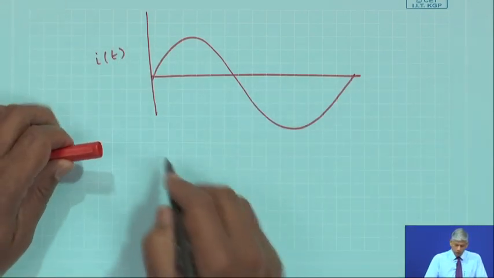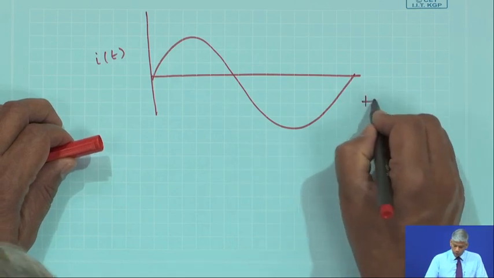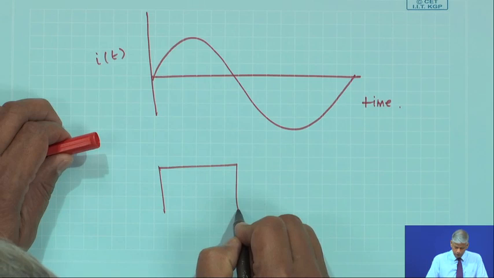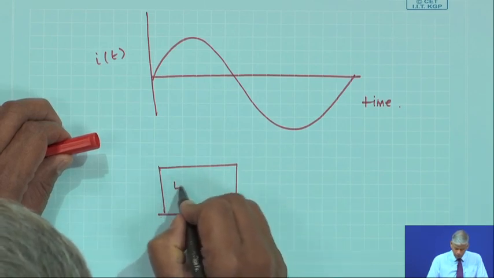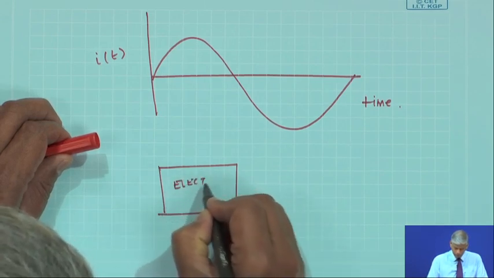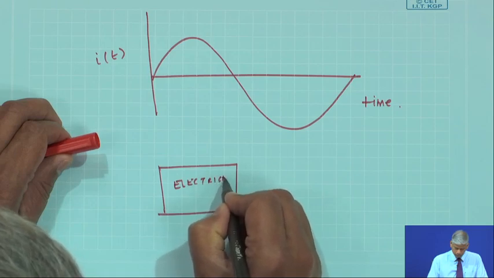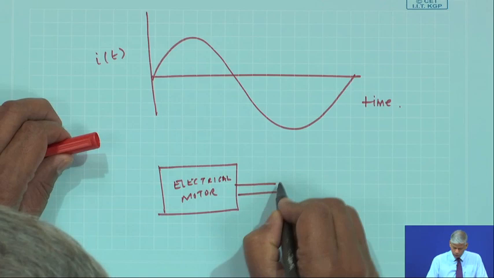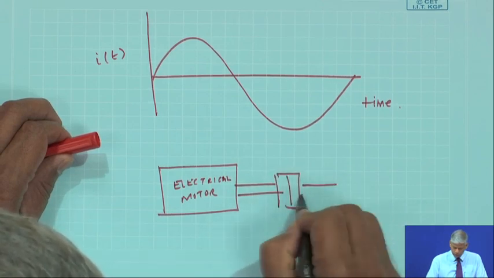Okay. If there is a defect, and usually a prime mover like an electrical motor is actually driving a mechanical unit.